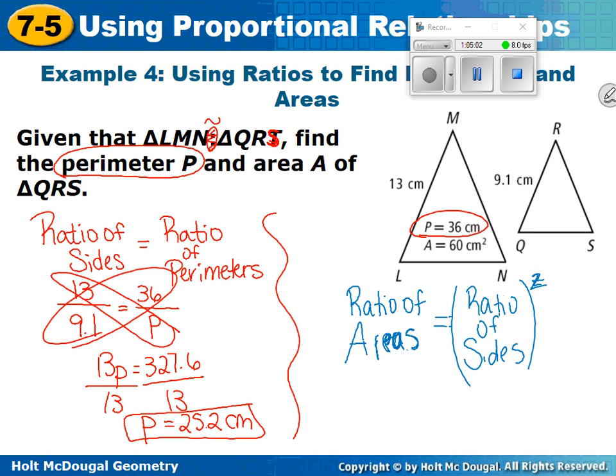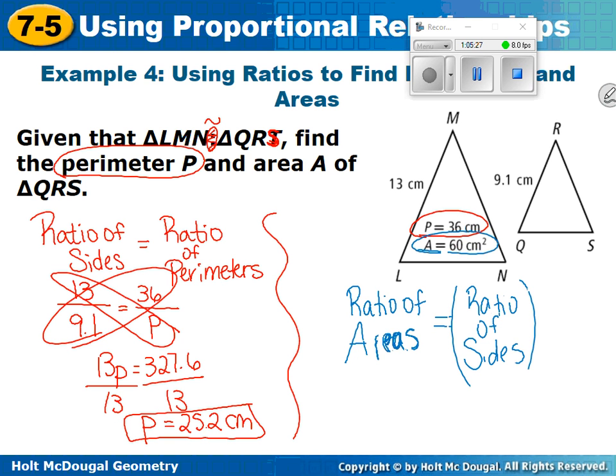So let's plug in our numbers. I'm going to do that over here on the board. So we're going to have the ratio of the areas. So what's the area of the first triangle? Area of the first triangle was 60. Over, we're looking for the area of the second triangle, so I'm just going to call that A. Is that okay?